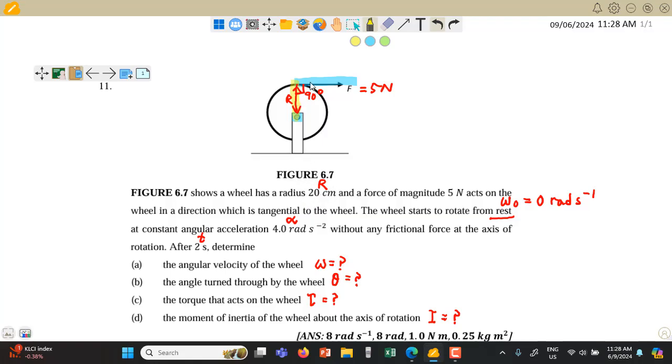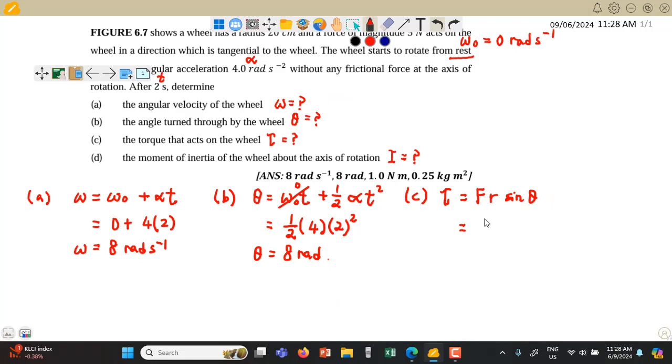The angle between the distance from the axis of rotation and the force applied is 90 degrees. So my force is 5 Newton, the distance is 20 cm, which is 0.2 meter, and the angle between F and r is 90 degrees. Do the calculation, and we will get the value of torque to be 1 Newton meter.